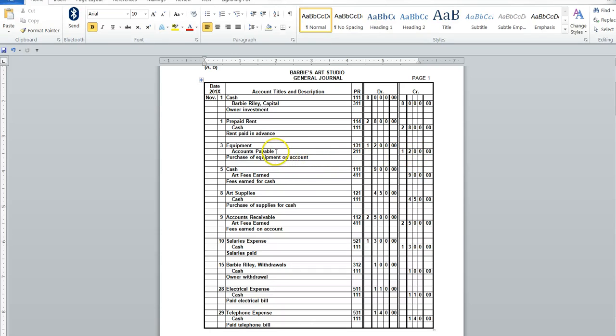And your analysis comes out by your conclusion that you've incurred a liability. Accounts payable, which is going up. You've got more debt now than you did before. So you're going to be telling the posting clerk, so to speak, to add $1,200 to the liability account, to add $1,200 to the equipment account.